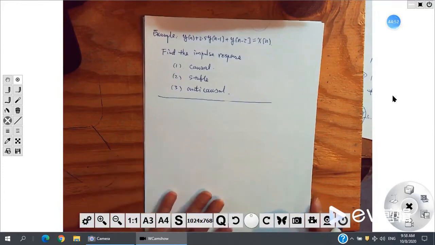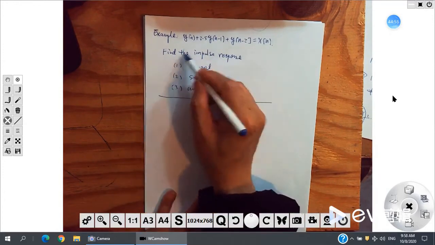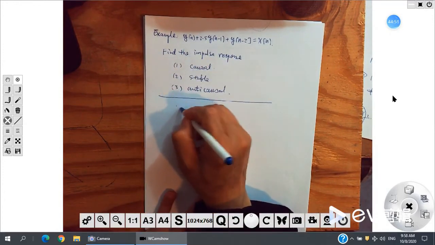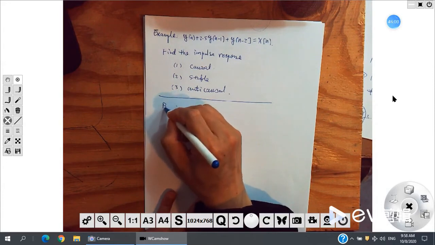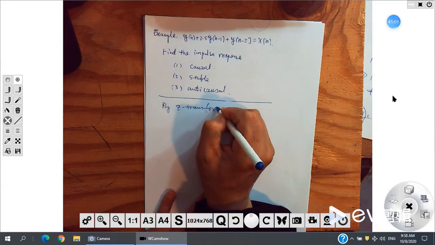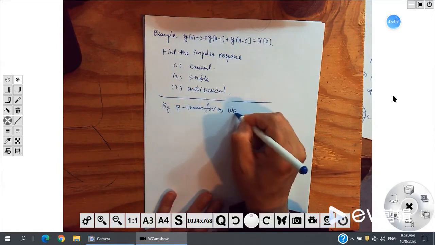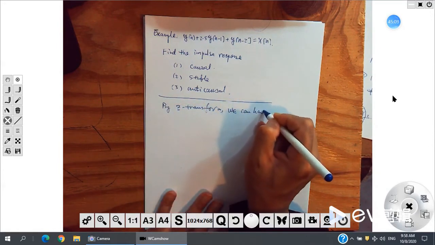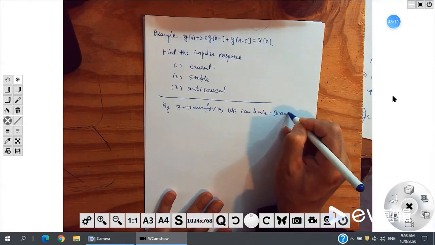Okay. So firstly, you want to find h of z. The z transform gives us the transfer function.